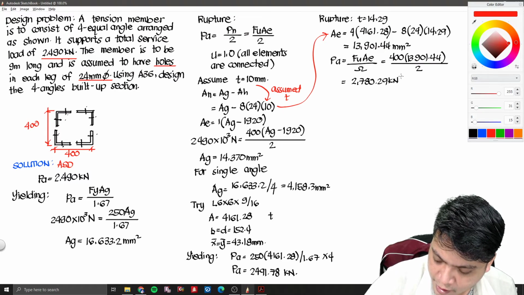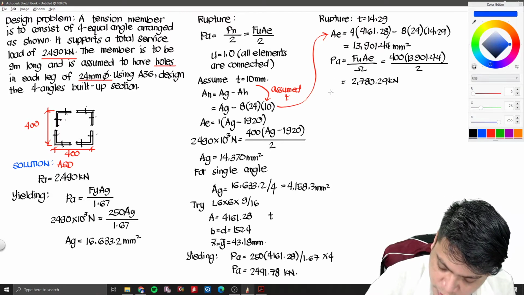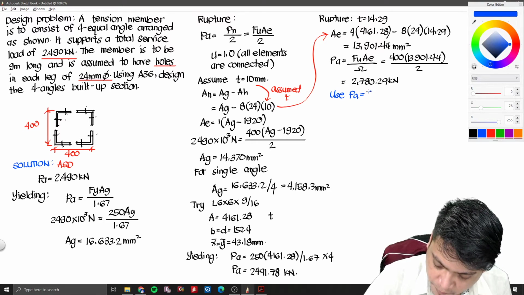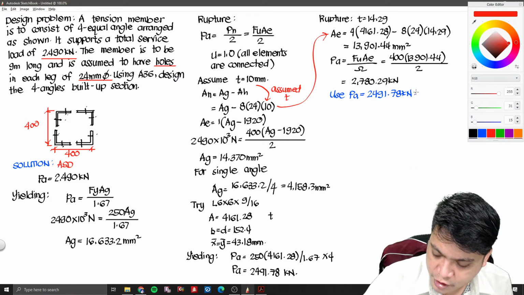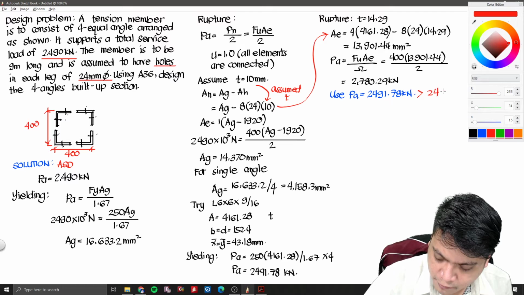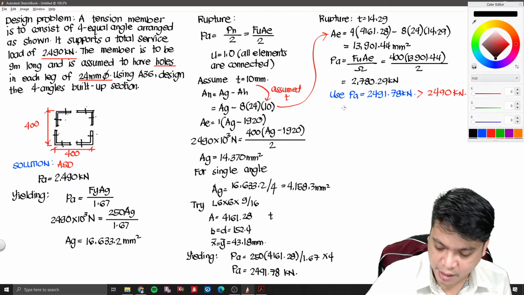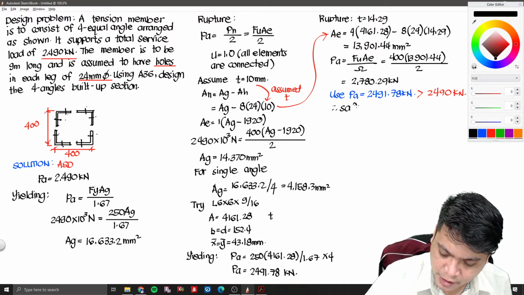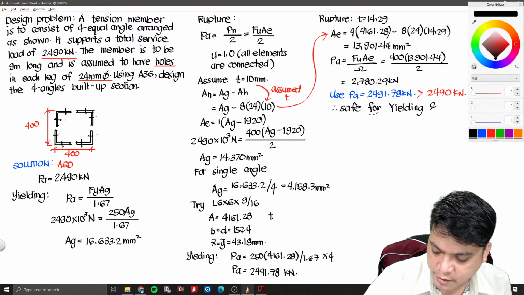Okay, so again, this is greater, so we will use the smaller of the two. PA equals 2,491.78 kilonewton. Okay, so this is greater than 2,490 kilonewton, which is our allowable. Then this is safe. Okay, so it means it is safe for yielding and rupture.